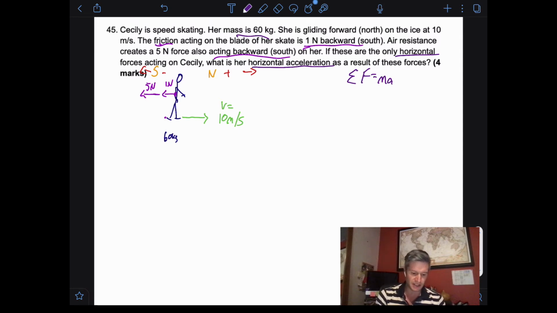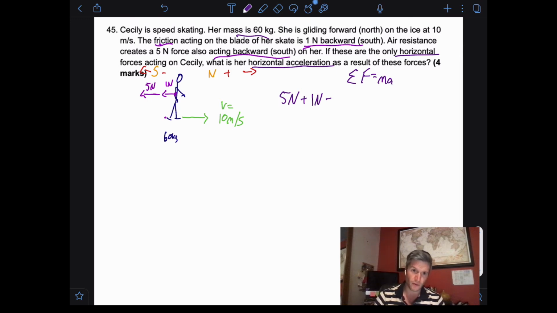So first of all, let's sum up all our forces. What do we have? Well, we have that 5 Newtons of air resistance. We have 1 Newton of ice to blade resistance, or frictional force. And from there, that's it.